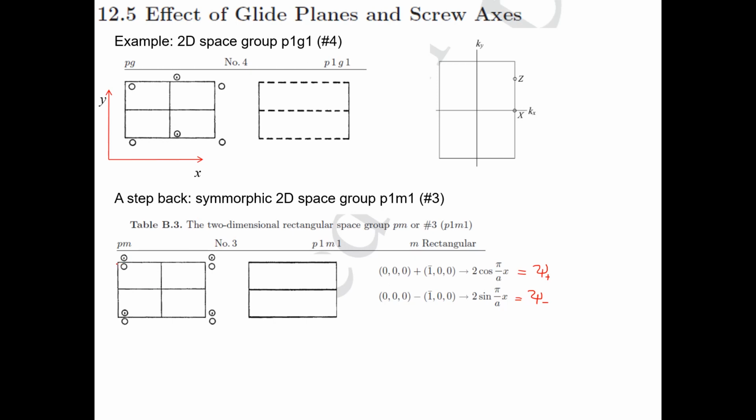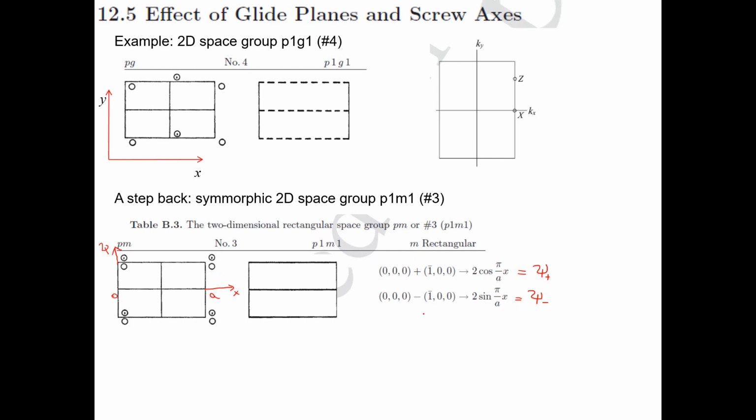So I will try to adapt this plot here, and let me draw the two wave functions as a function of x. So this is 0, this is a, the lattice constant along x, and one is a cosine and the other is a sine.